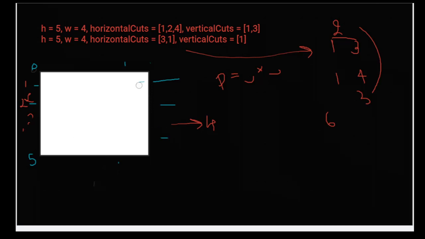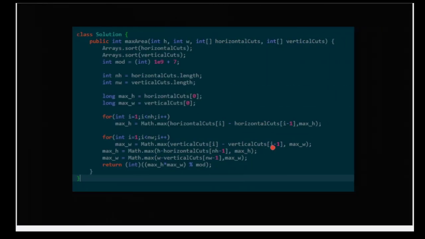That means only one cut was there. So obviously we have to consider the corner edge too. This would be the maximum part that we'll be getting in the vertical cut. That is why we are considering the exterior, or the external points at the most extreme points too. I hope the question was clear.